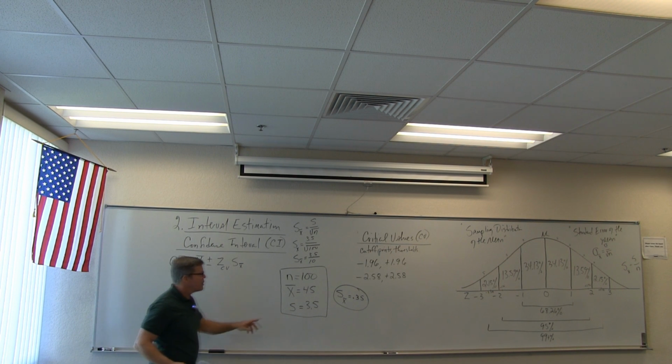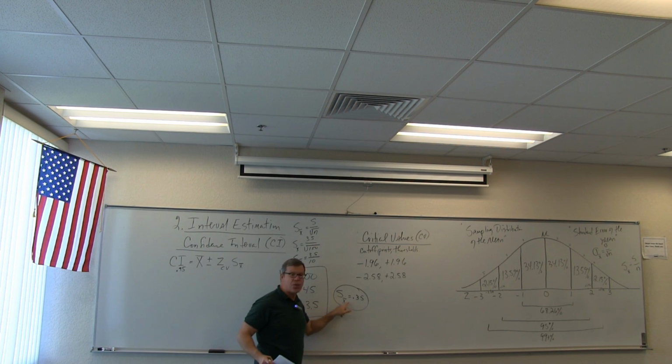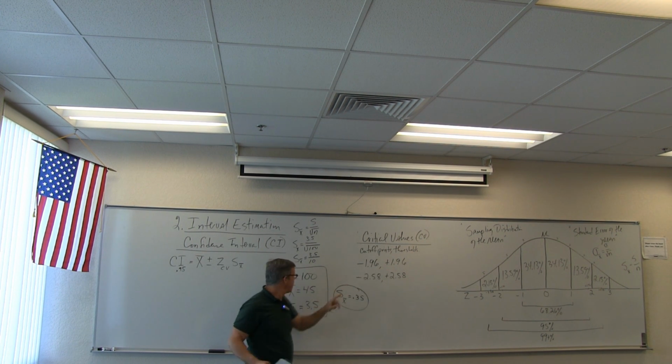Class, so the standard deviation of this sampling distribution with this mean of 45 is 0.35. Therefore, what does 1 z unit equal in this case, class? 0.35. That should come to you immediately.